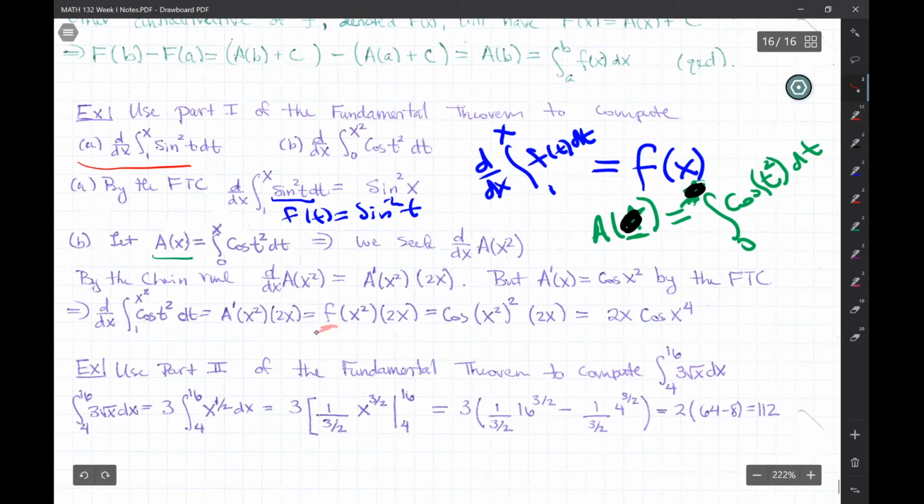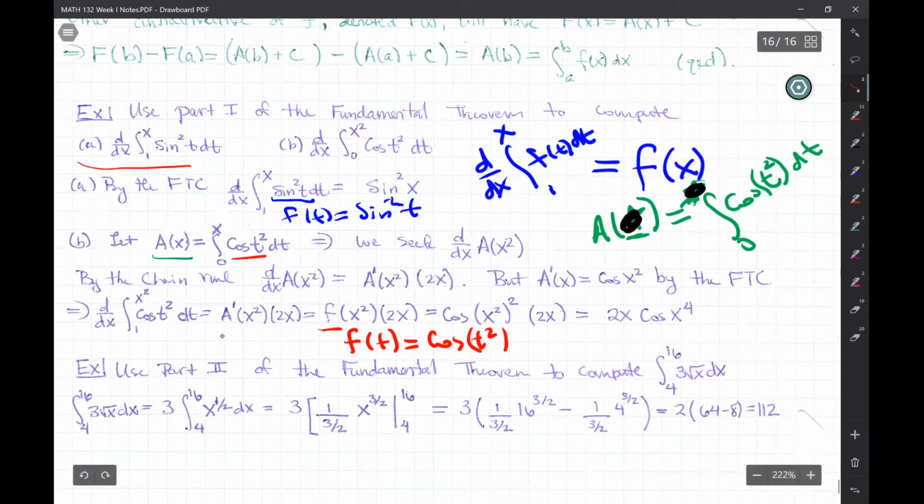So we get f, where f here is equal to cosine t squared. I should make that clear. Okay, so that's what I mean by f here, because it's what's inside the integral there, to get the area function.